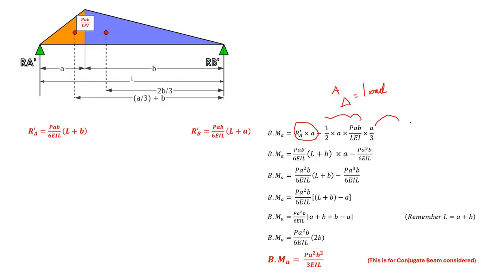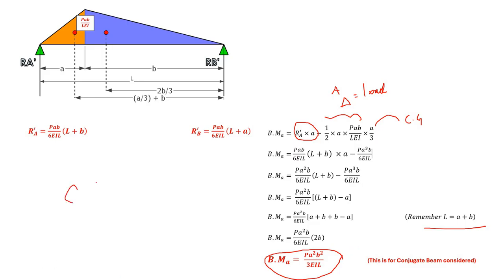This is the centroidal distance. Now, proceeding further, you simplify this. Very simple. You substitute the value of L as A plus B. So RA dash is already known to you. Then you substitute that. And for simplifying, you just introduce L equal to A plus B. Then finally, you end up with bending moment at A equal to PA square B square by 3EIL.